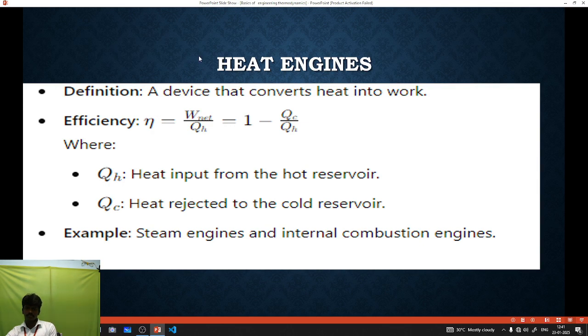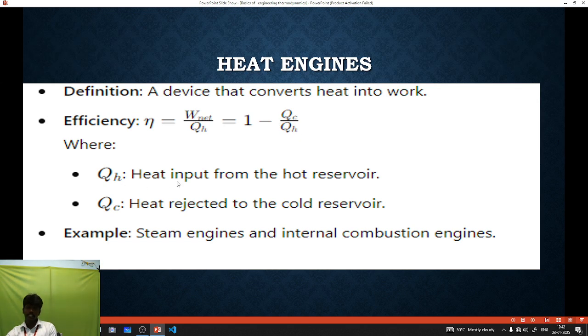Now the definition of heat engines. A heat engine, like automotive engines, is a device that converts heat into work. Its efficiency is eta, which is equal to work done by heat added, and another formula is 1 minus QC by QH.